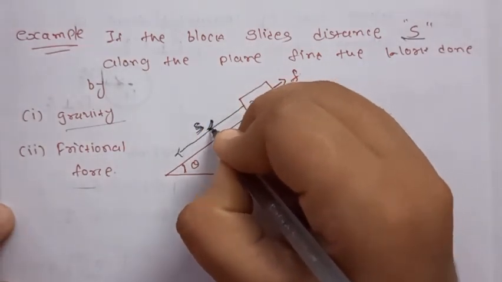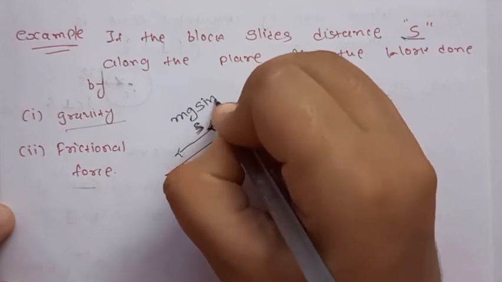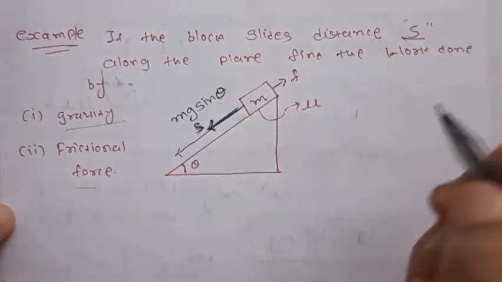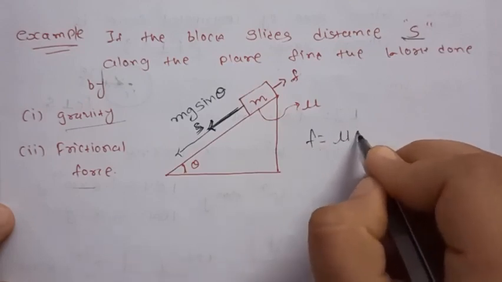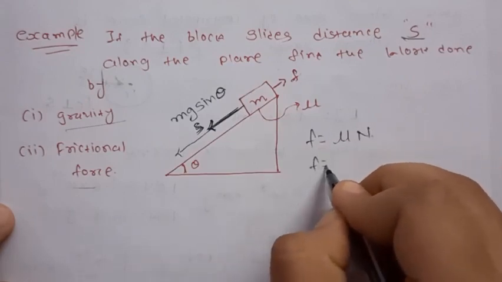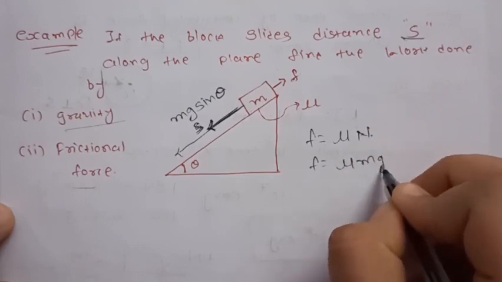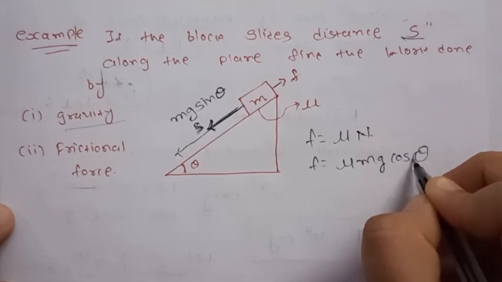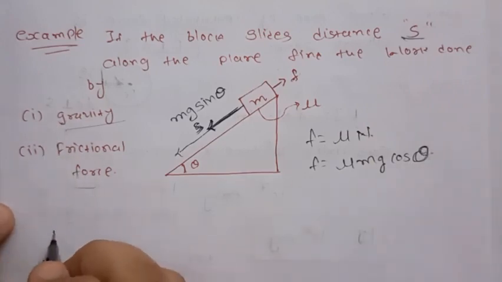The gravitational force in this direction will be mg sine theta, and the frictional force is mu into normal reaction, where normal reaction is mg cos theta.